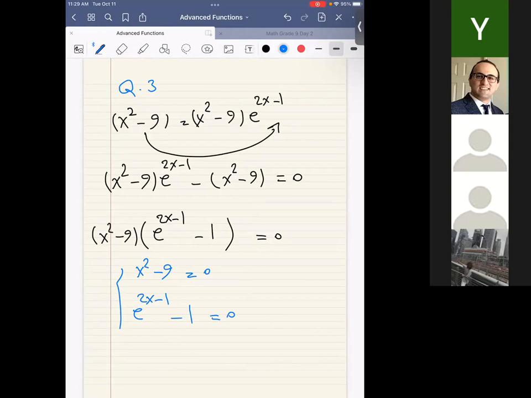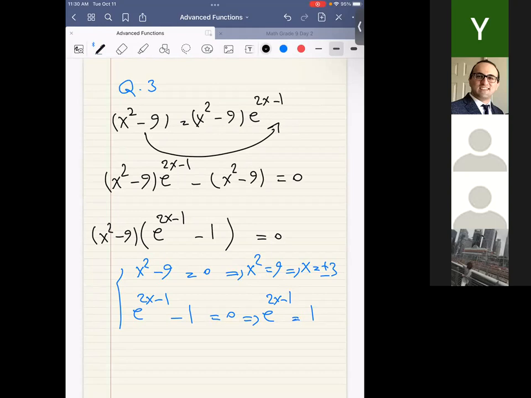So the first one, that means x squared is equal to 9. So that means x is plus minus 3. And for the second equation, that means e to the power 2x minus 1 equal to 1. So when you have e to the power something is equal to 1, that means the exponent should be what? 0.